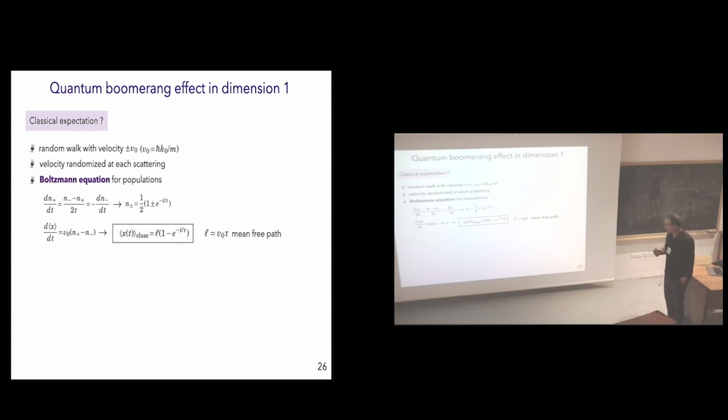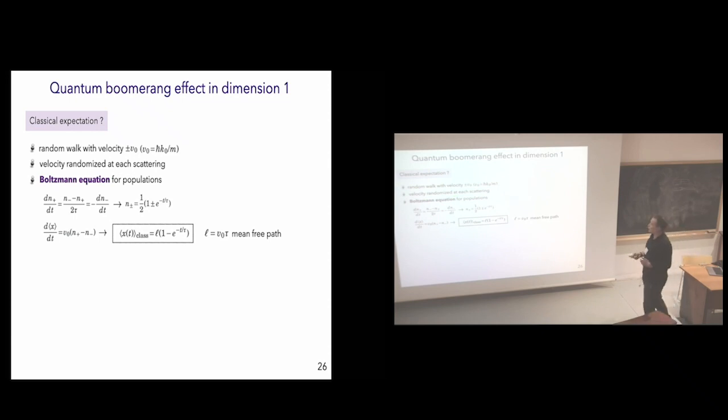By classical here, I mean you describe the motion of the atoms like I presented at the outset, by a random walk. We are in 1D, so we have two possible velocities, plus or minus V0, because scattering is elastic. At each scattering event, the velocity is randomized.